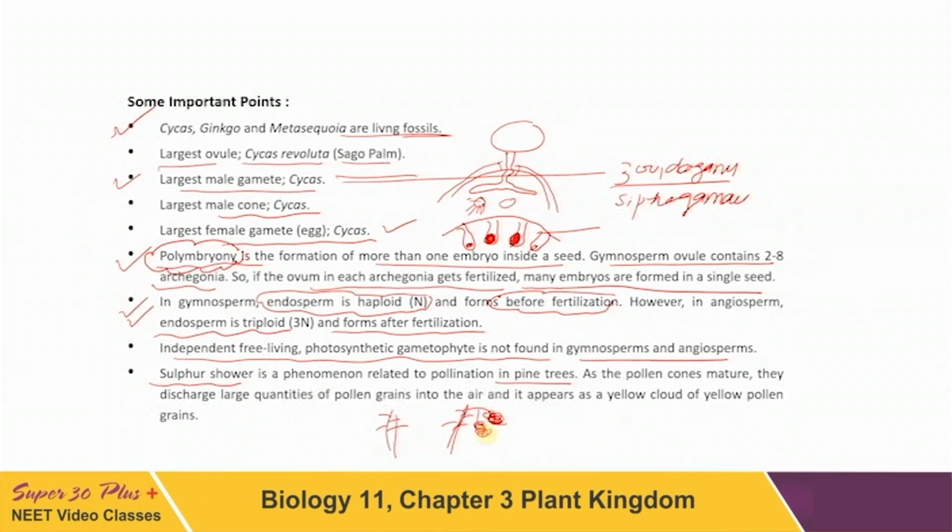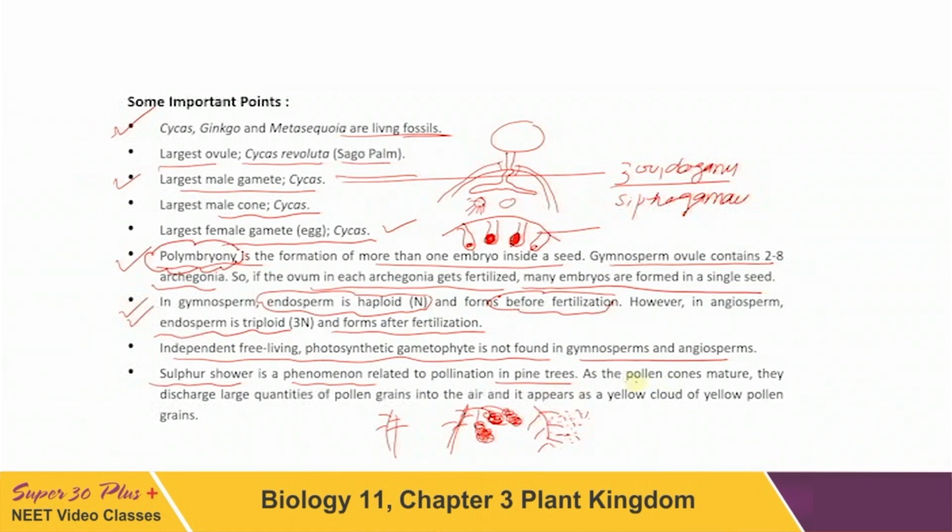At the time of reproduction, the microsporophylls become dry, the male cone opens, and many pollen grains are released in the air from a single male cone. Therefore, in that area there will be a sulfur-like powder, because the pollen grains are yellow in color. So sulfur shower is a phenomenon related to pollination in pine trees.